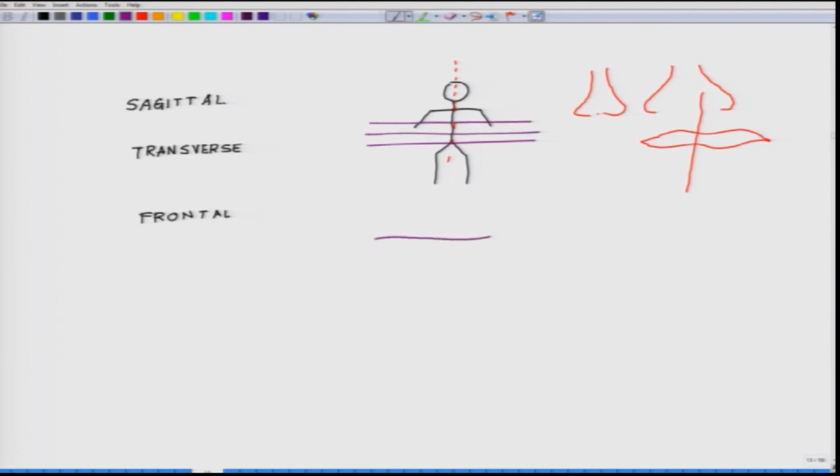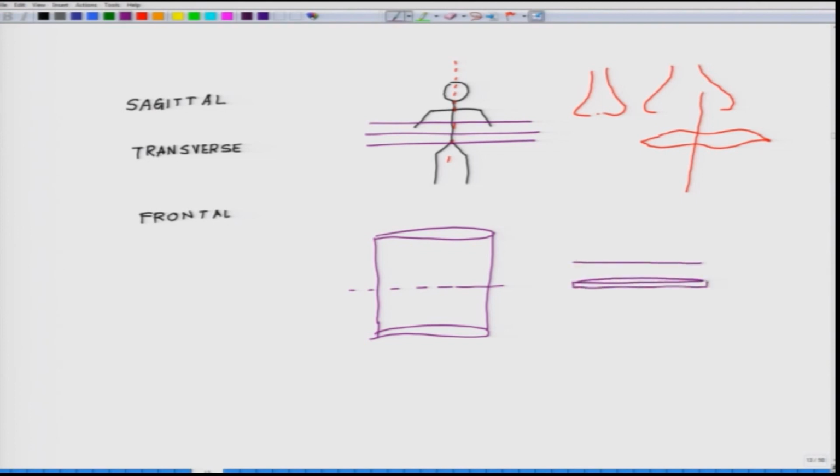In other words, if say for example this is a cylinder and I give a transverse cut, these are the transverse cuts which are coming out. So this is the transverse cut.